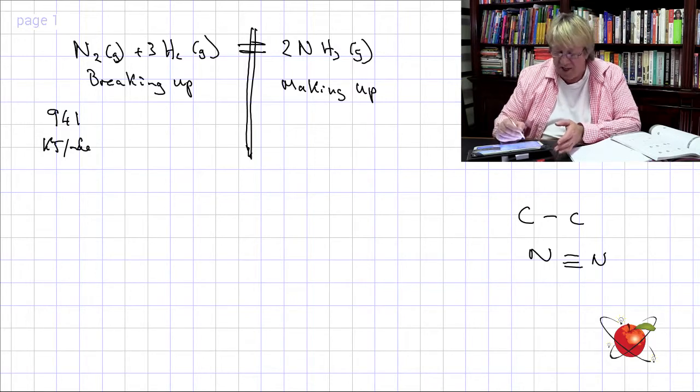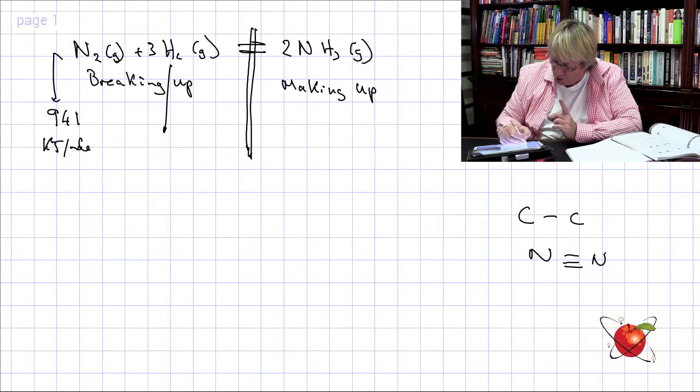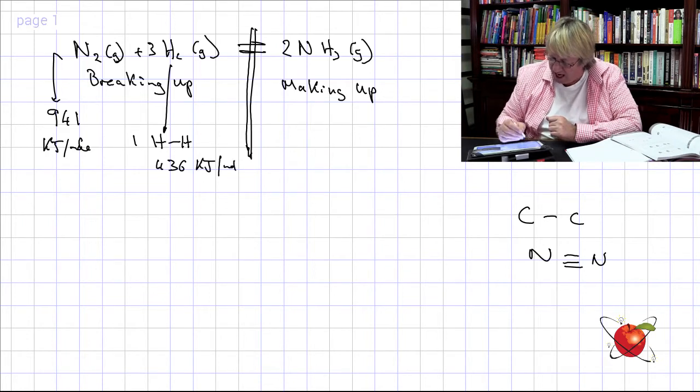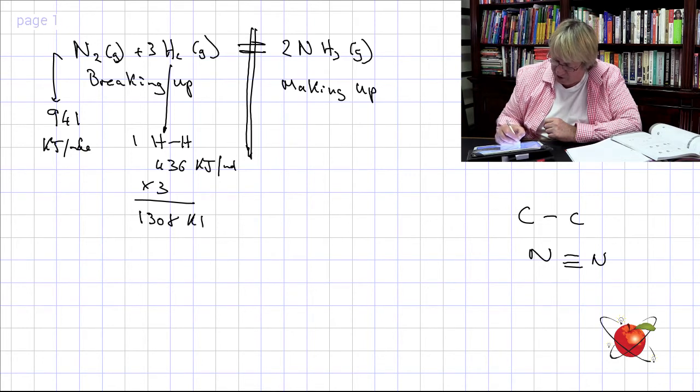Then on the other side, we've got to break up hydrogens, but we've got to break 3 of them. So the energy per hydrogen, checking my table, the hydrogen is 436. To break up one H-H bond is 436 kilojoules per mole, and we have to break up 3 of them, so we end up with a total of 3 times that, 1308 kilojoules per mole.